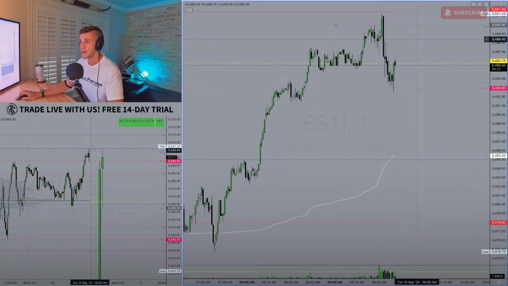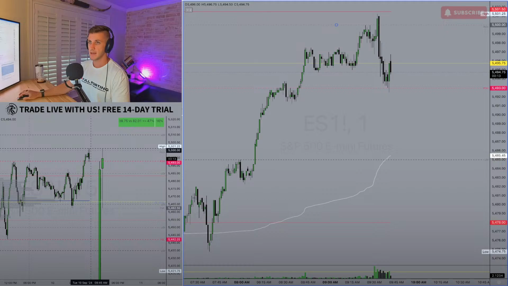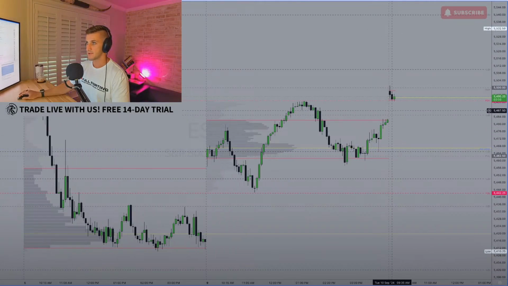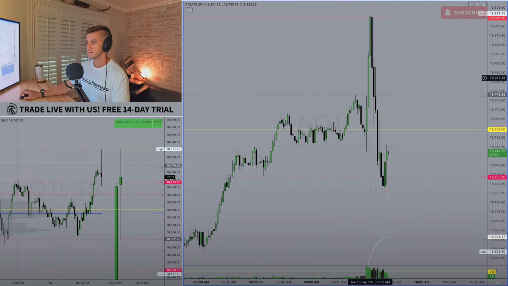ES actually holding prior day high pretty nice now into that volume point of control. See if it can sustain. Now ES pretty similar to NQ as far as the structure. If prior day high fails, you're looking at that next level of interest, which is pretty much the gap fill spot as well.